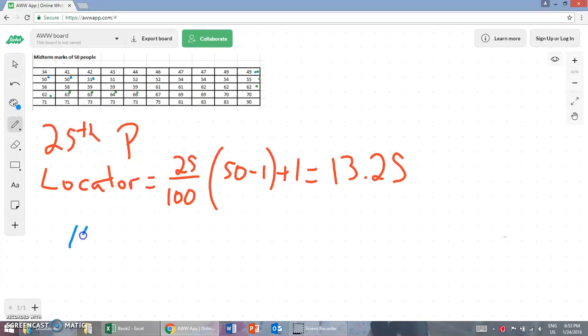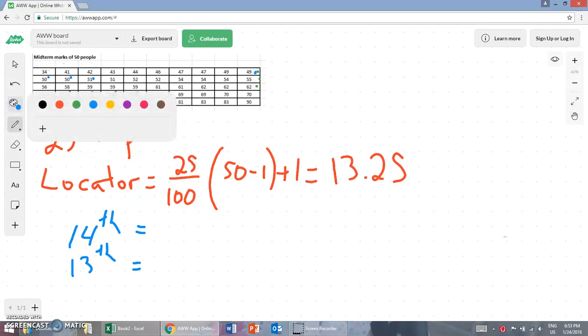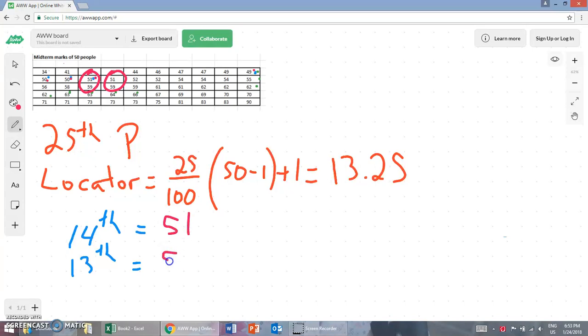So we have the 14th value and the 13th value. Let's do this in a different color. There's 10, 11, 12, 13, and 14. The 14th position is 51. The 13th position is 51. Because there's no difference, the difference equals 0, there's no point in continuing.